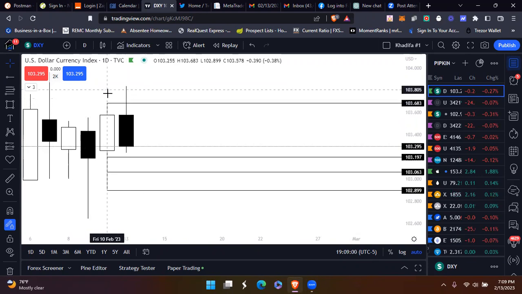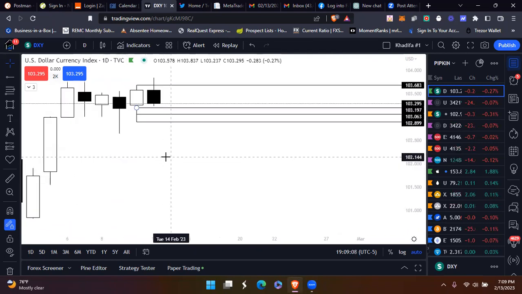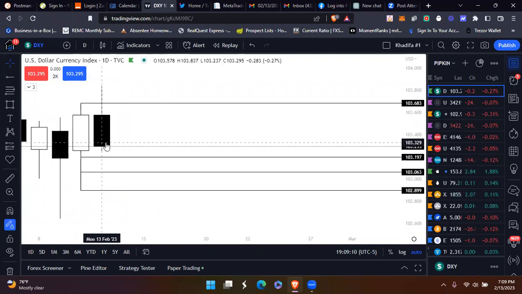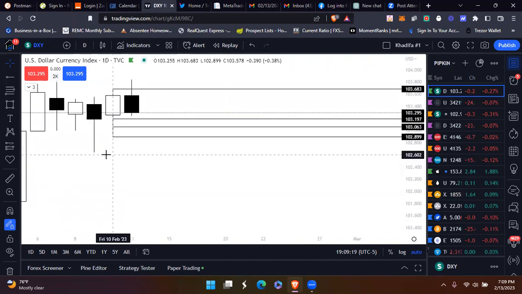So now that we've ran buy side liquidity, I want to see if we pull back down into this PD array, this discount array. And I will be looking for my buy model that I shared in the group, my Grail buy model that I use to look for my setups.